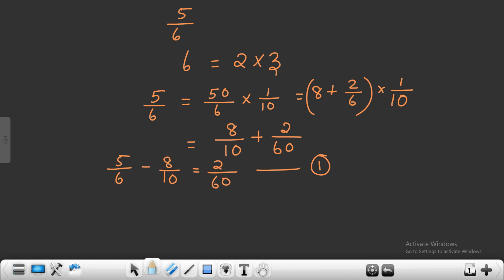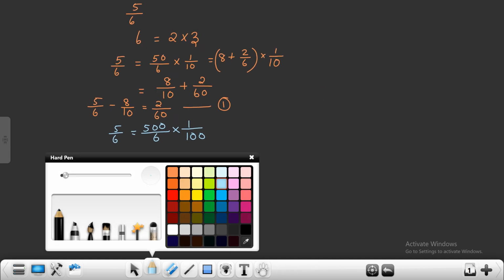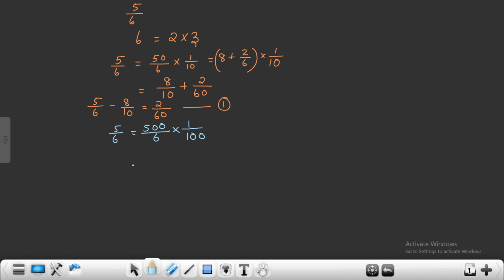Now what is the next? For the second step, multiply 5 by 6 by 100. That is 5 by 6 is equal to 500 by 6 into 1 by 100. Convert 500 by 6 into mixed fraction. That is 83 plus 2 by 6 into 1 by 100.